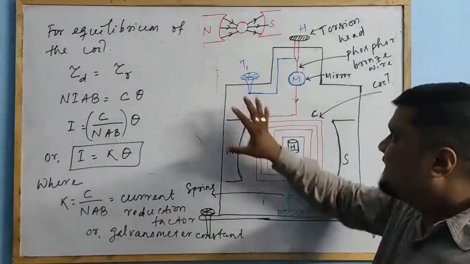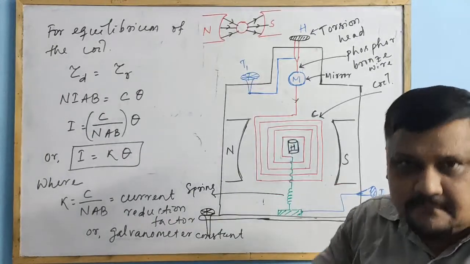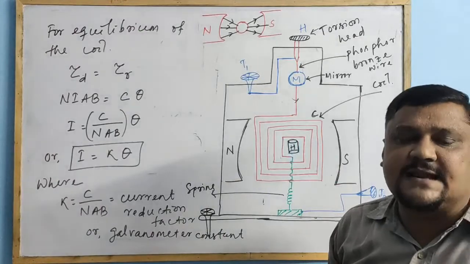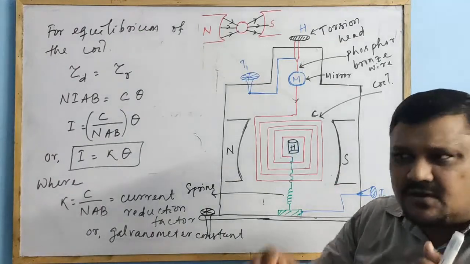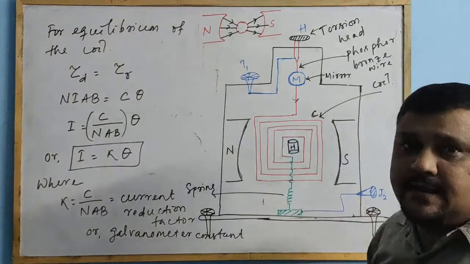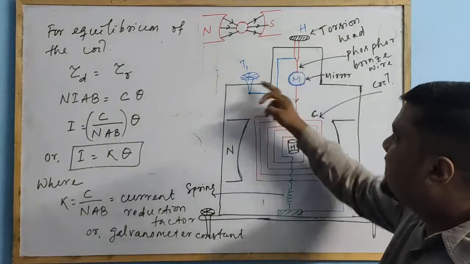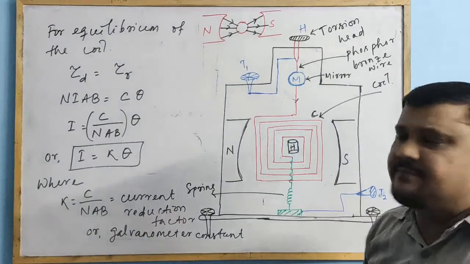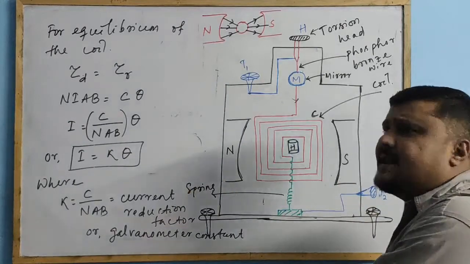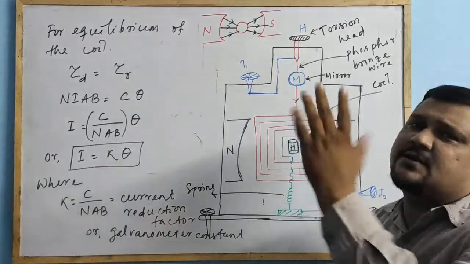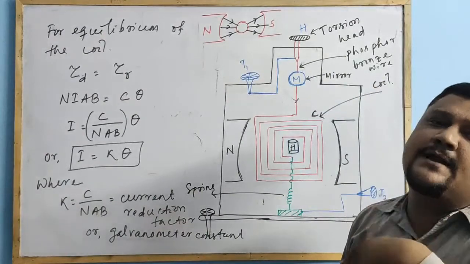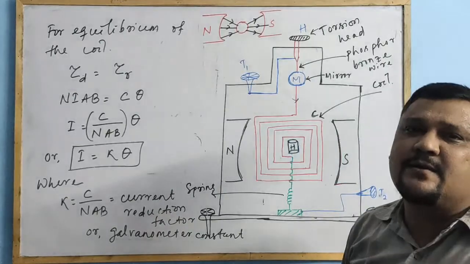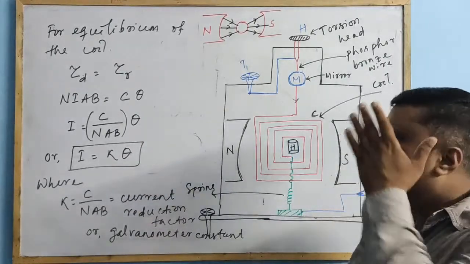Because then external conditions like air or other things cannot disturb the coil. If it is not enclosed in the case, then if air blows, the coil also deflects, but that is not because of current. That is not required. We need the current. So it is enclosed in a case.